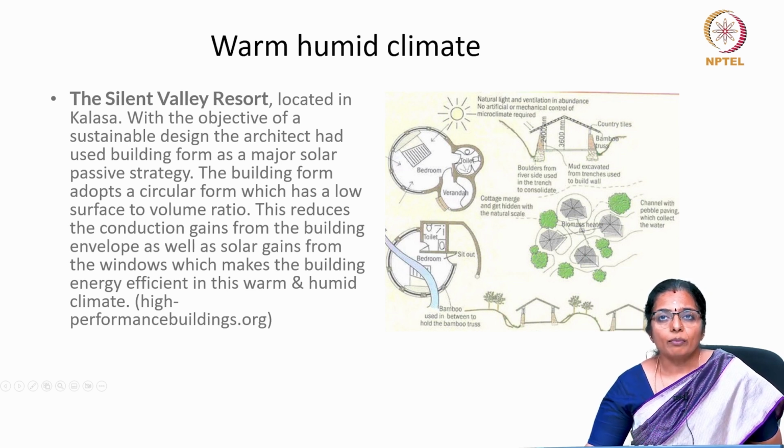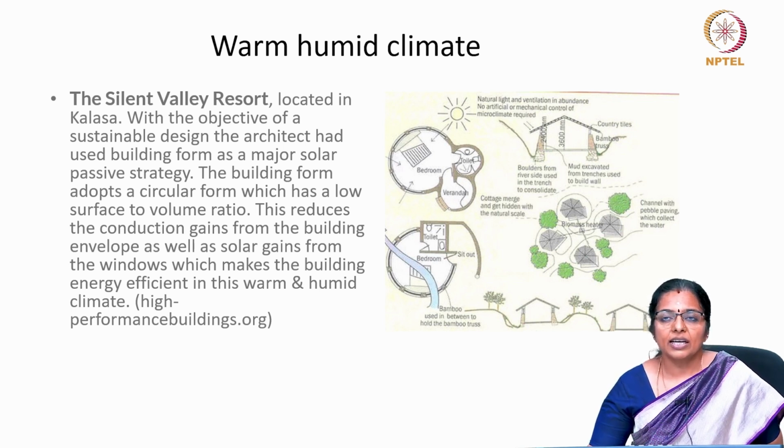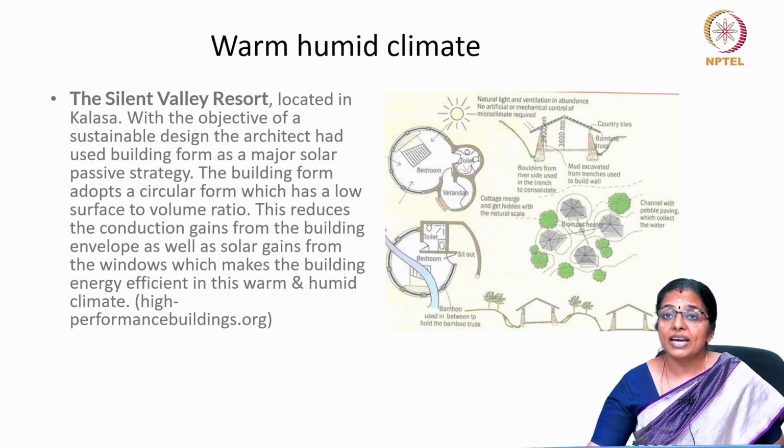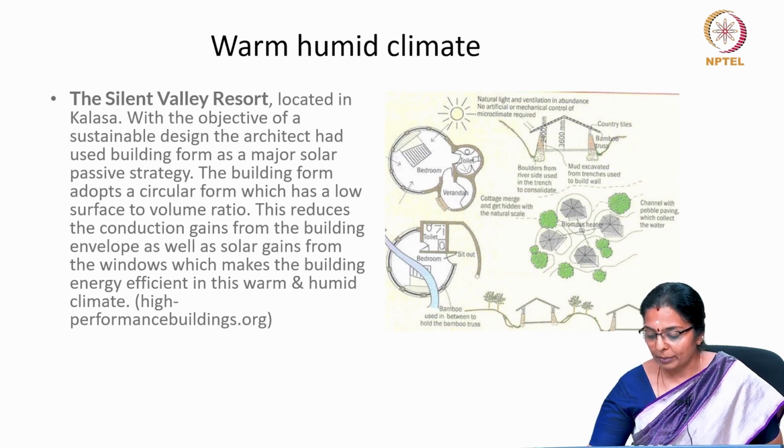The building form adopts a circular form which has a low surface to volume ratio. This reduces the conduction gains from the building envelope as well as solar gains from the windows, which makes the building energy efficient in the warm and humid climate.